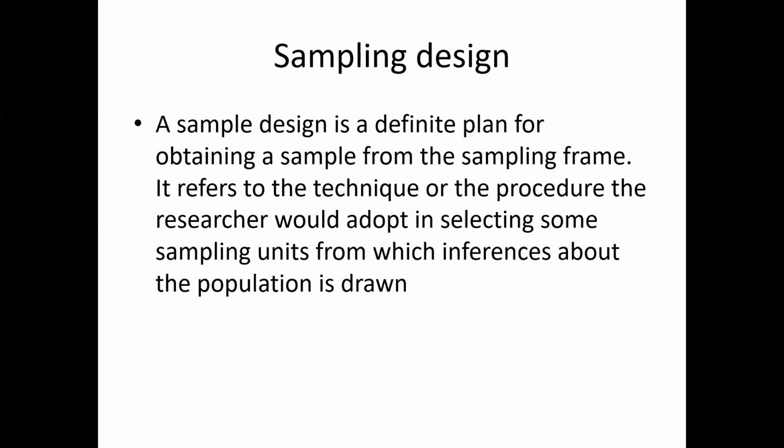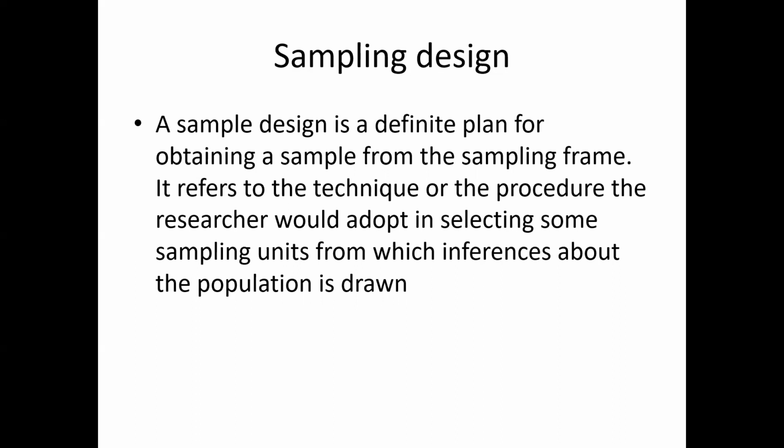A sampling design is basically a blueprint of how that sample will be selected and drawn from the population, and what method we will adopt for selecting individual units from the population into the sample. This is called sampling design.